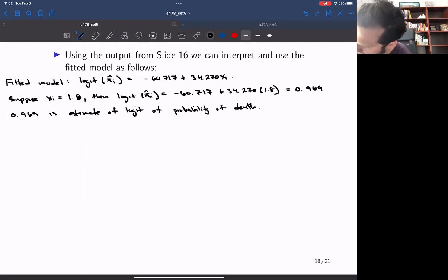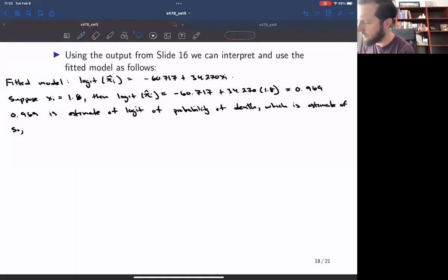So therefore, the first thing we can do is unpack it. So the logit is the log odds. So the estimate of the logit of probability of death is an estimate of the log odds of probability of death.